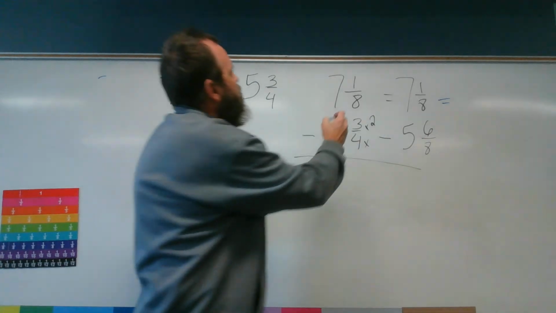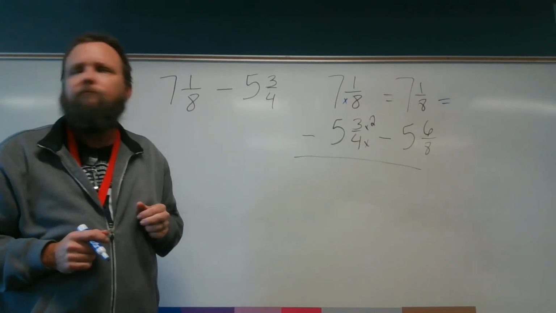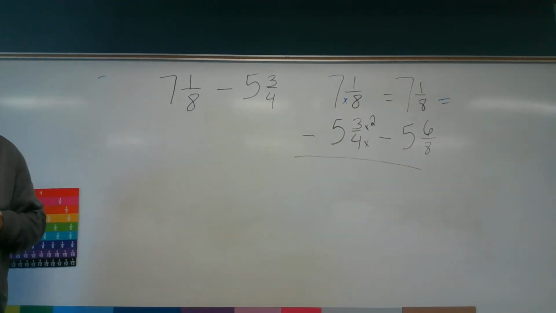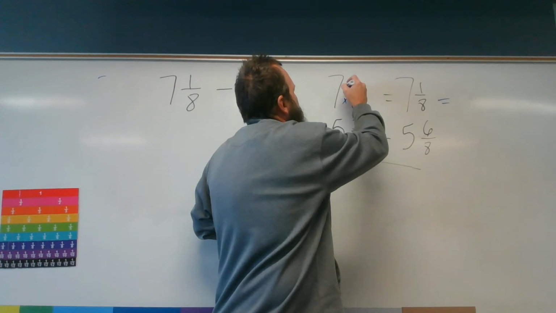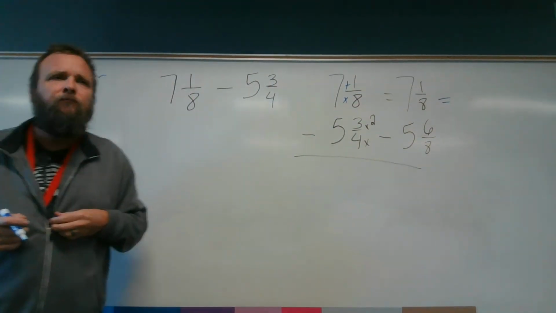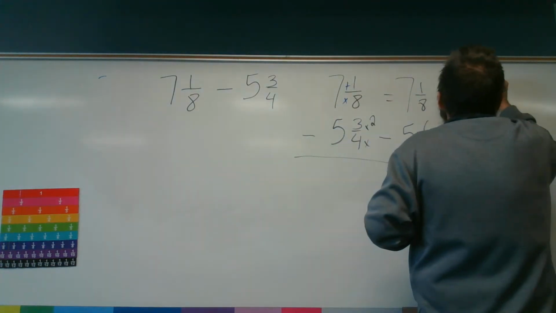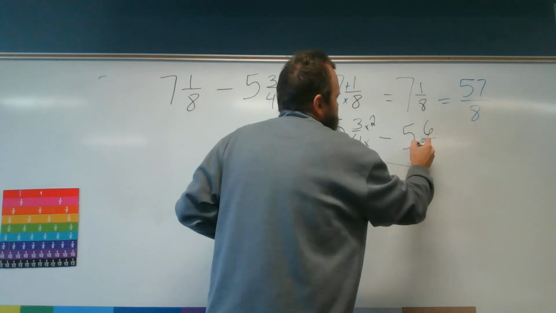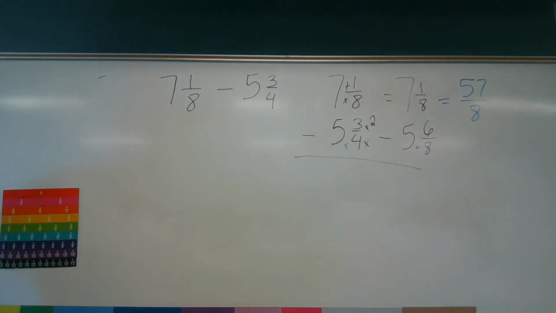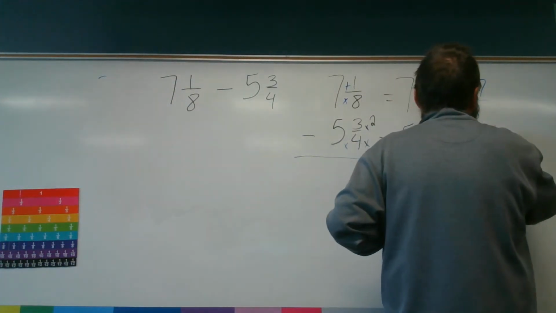So 8 times 7 is what? 56. Plus 1? 57. So we have 57/8. 8 times 5? 40 plus 6? 46/8.